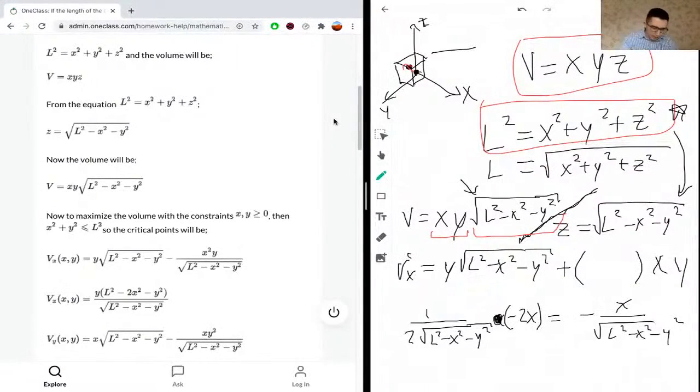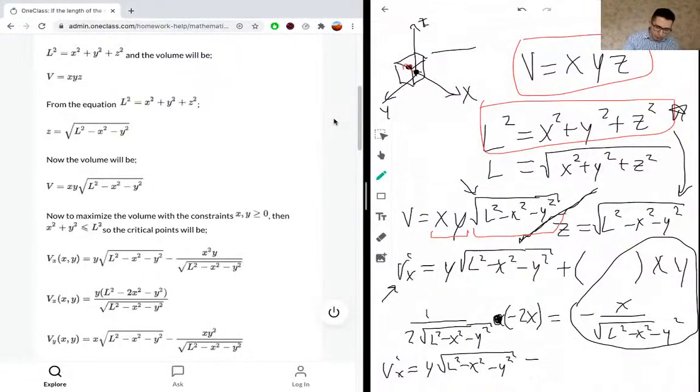Now let's clean up this line and put it in the final format. So v prime x equals the first component, y times the square root of L squared minus x squared minus y squared, and then minus x squared y over the square root of L squared minus x squared minus y squared.